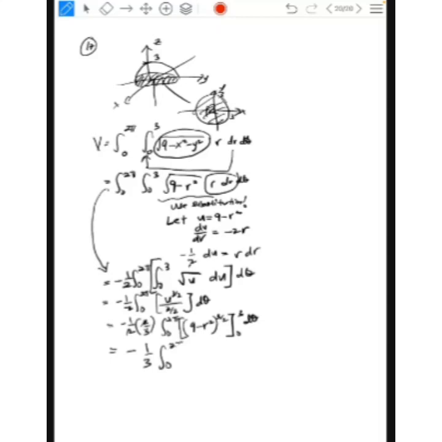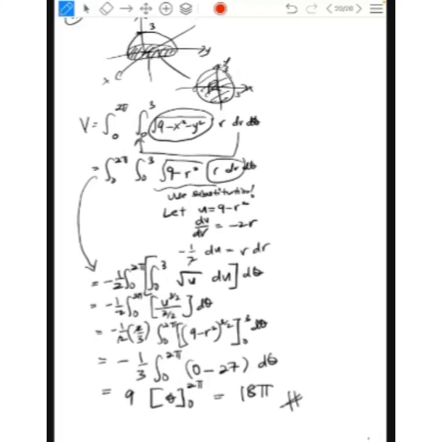Okay, when you substitute the value of 3, 9 minus 9 will be 0. 0 minus, when you substitute the value of 0, 9 to the power of 3/2 equals 27. So 9 d theta. Ini akan jadi 9 lah, negatif, tinggal lagi theta is from 0 until 2 pi, so you'll have 18 pi. So that is your answer.